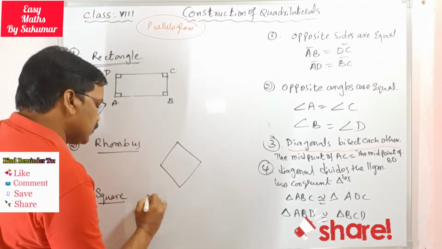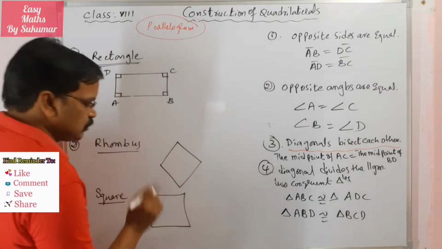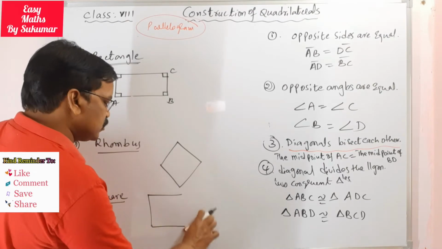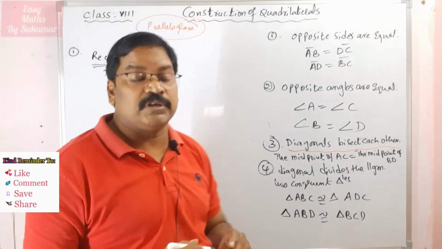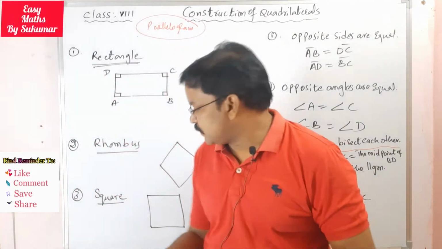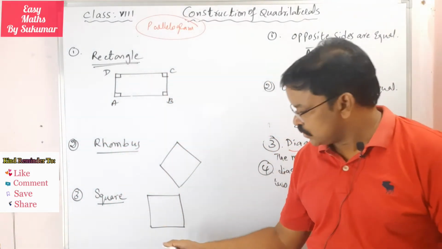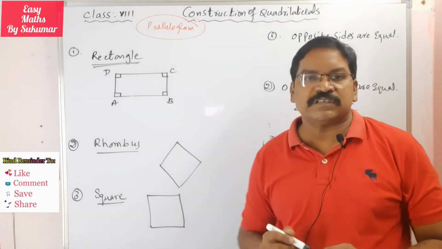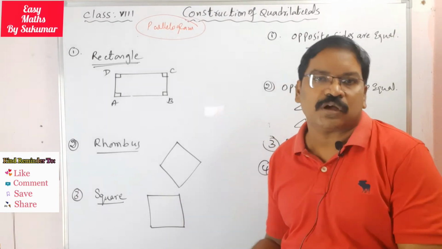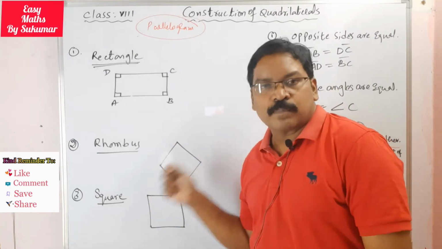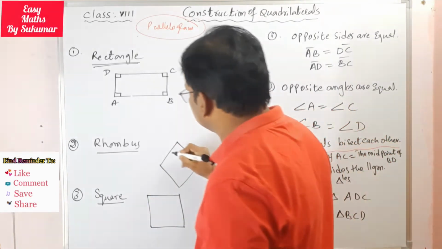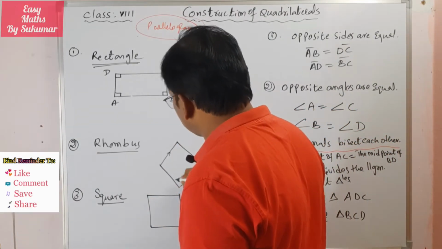Coming to the square, in square also, both pairs of opposite sides are parallel. So the square is also called a parallelogram. So rectangle is a parallelogram, rhombus is a parallelogram, even the square is also a parallelogram.